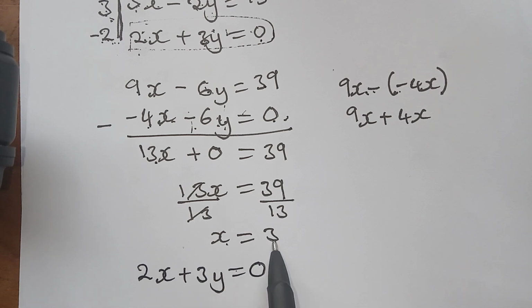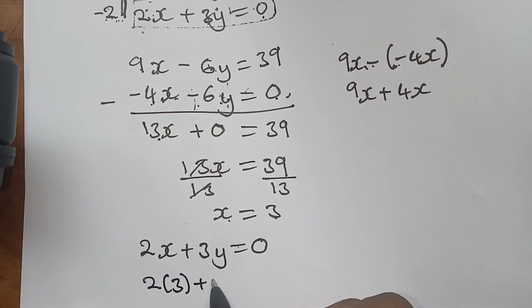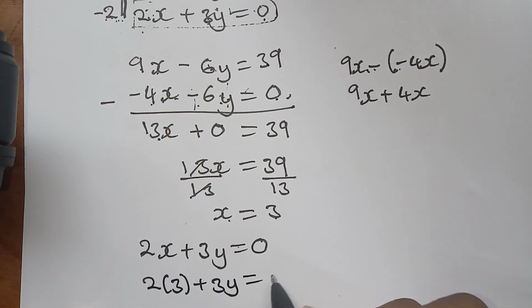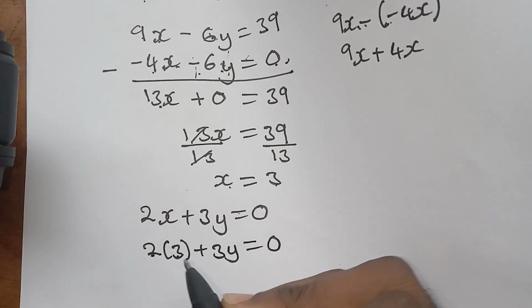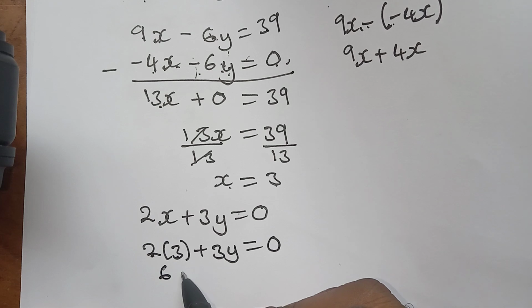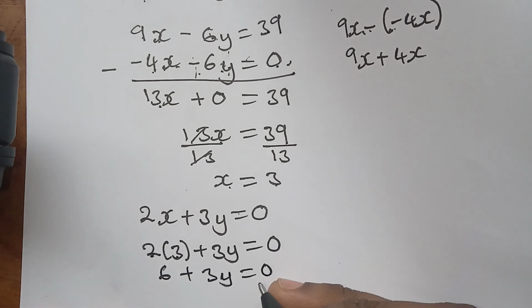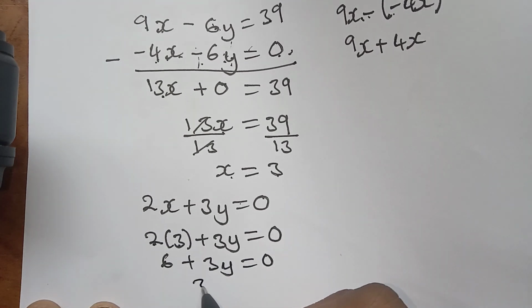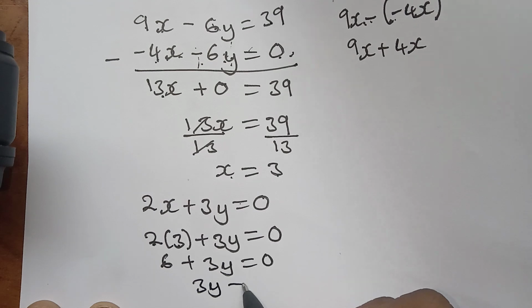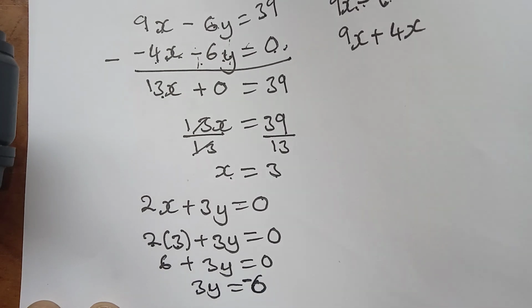And we know that x is equal to 3. So you can say 2 times 3 plus 3y is equal to 0. And then when you multiply this by this, you have a 6 plus 3y is equal to 0.